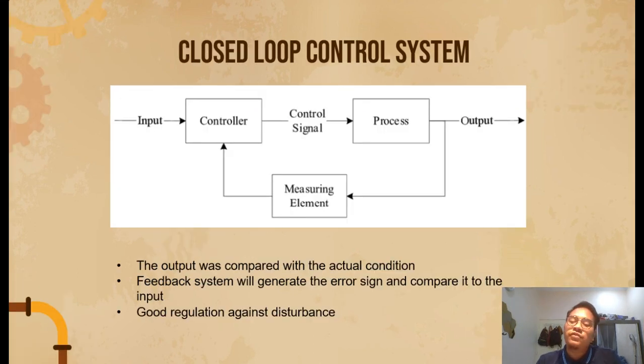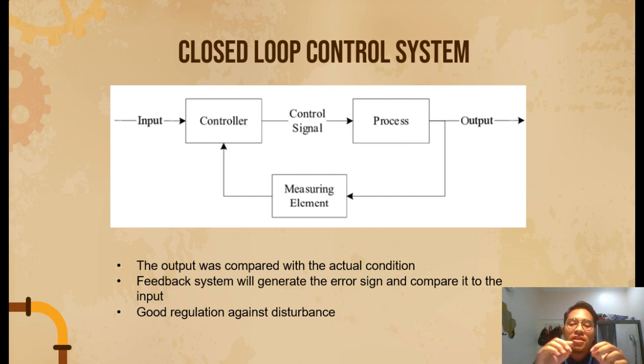Next, I will continue with the closed loop control system. When we talk about the closed loop control system, the output is compared with the actual condition, which means that it has a structure that we call the feedback structure, which is this measuring element that you can see on the slide. The measuring element consists of sensors, actuators, and so on.